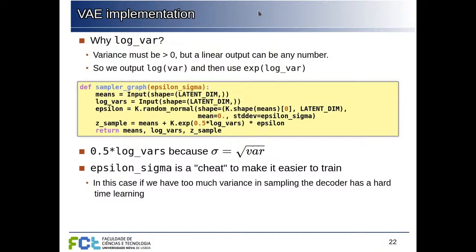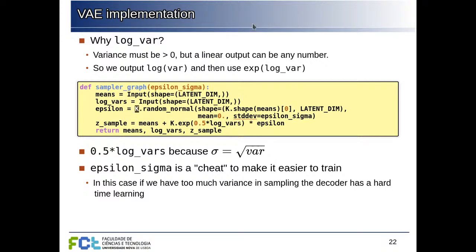Then we're going to create the sampler, and the sampler is just a very simple model that receives as input the means and the logarithms of the variances, and then outputs a sample from those distributions. So what we're going to do is create this random variable here. We're going to use the random normal.